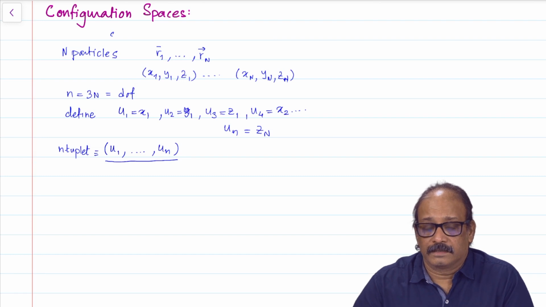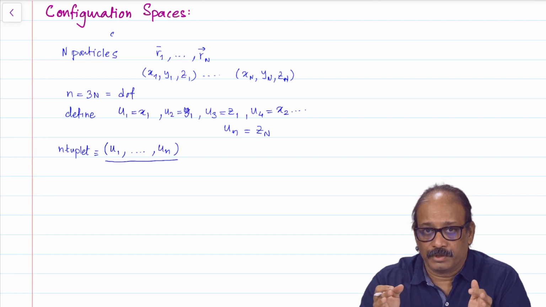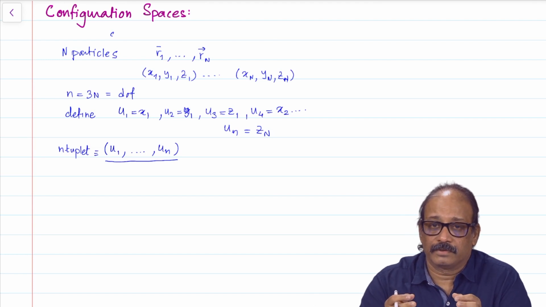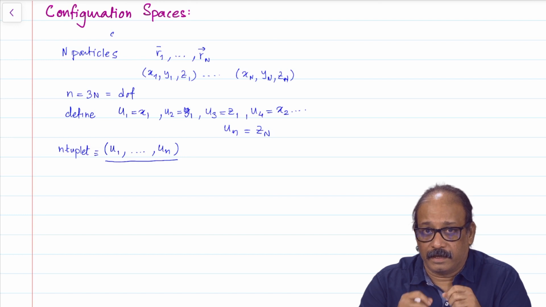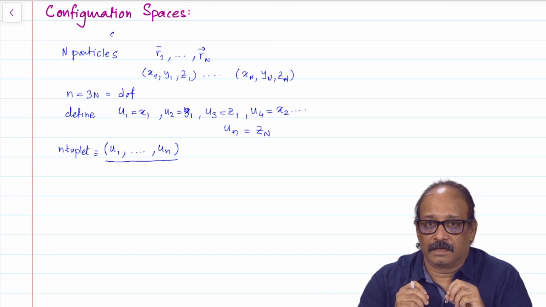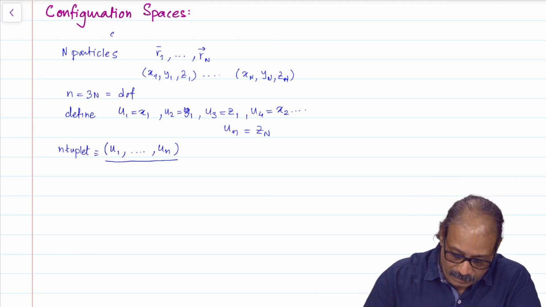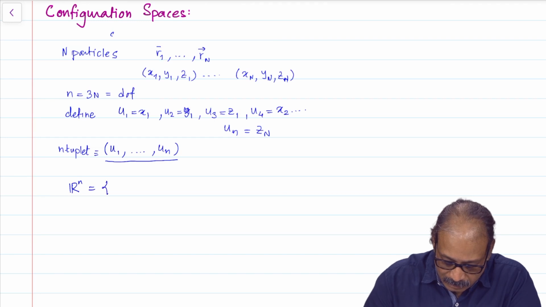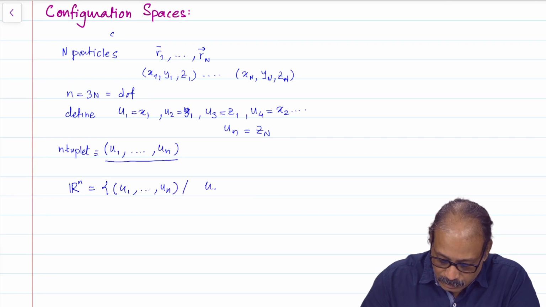So, instead of thinking of the motion of n particles in 3 dimensions, now I am going to think of a small n dimensional space, that is basically 3 n dimensional space. So, I will define a 3 n dimensional space written as R n. This is basically the collection of all these n-tuplets, where each u i is a real number.